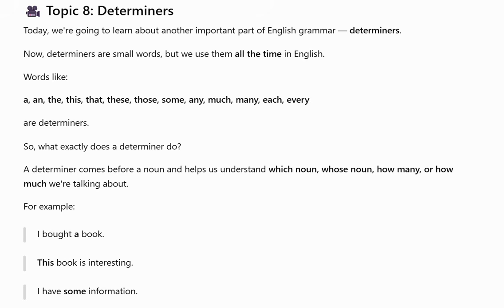So what exactly does a determiner do? A determiner comes before a noun and helps us understand which noun, whose noun, how many, or how much we are talking about.